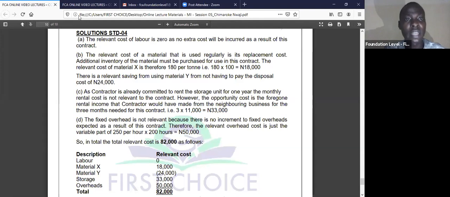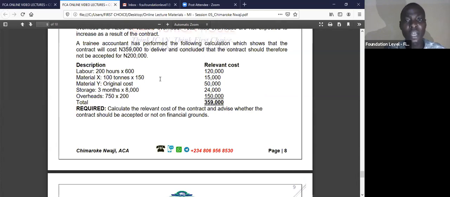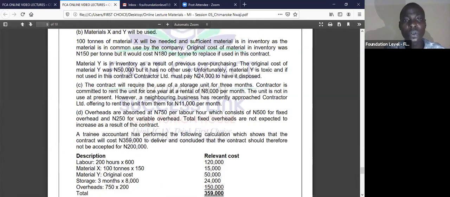Now look at that of Y. For Y, the person brought the original cost. The original cost is no longer relevant. But what is relevant is this disposal cost. It means if you don't use the material, you have to dispose of it because it's toxic, and you will spend 24,000.